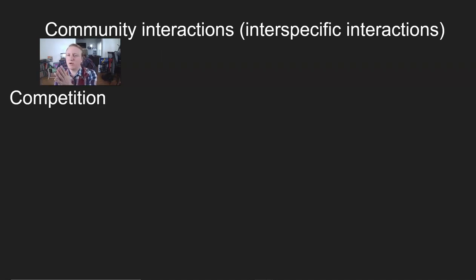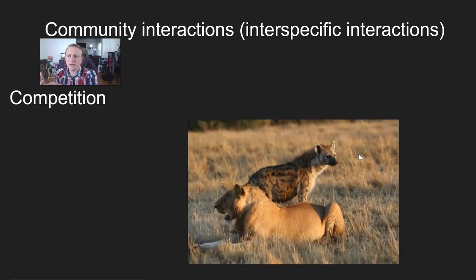So we're talking about the way that these different species living in the same area can interact with one another. And the first is competition. You guys probably all have some mental idea of what competition means to you. And in nature, here's a good example, the hyena and the lion. In nature, both species do worse because of competition.